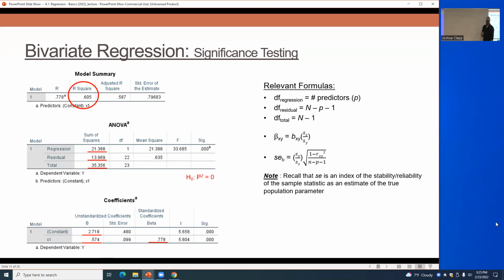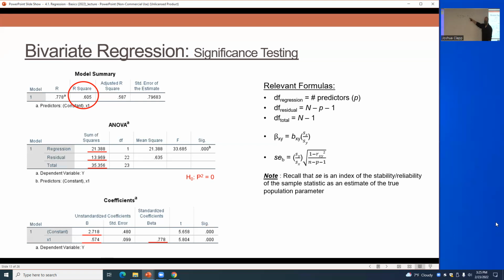By how much? If I have a 1 unit increase in my x, what's the corresponding change I should see in my y? Okay, so, yep, plus 0.57, right?